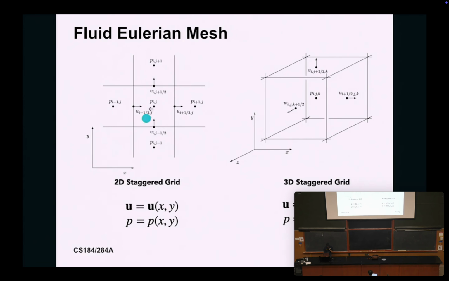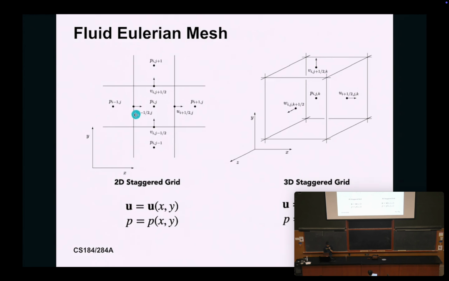Just to zoom in here on the pressures, it's common to use this subscript notation where this is just ij, and to go to the next one, you just increment that index. To go in between, it's just half an index.